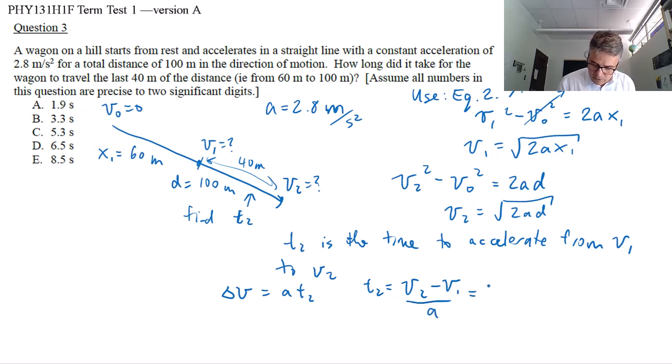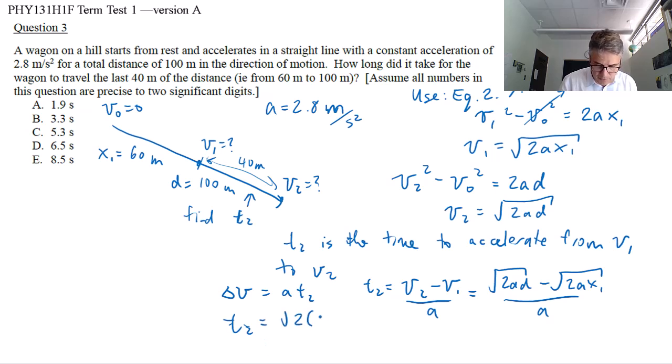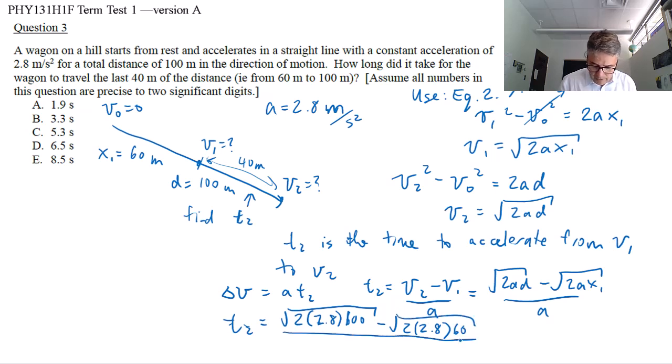So t2 is equal to the square root of 2 times 2.8 times 100 meters, minus the square root of 2 times 2.8 times 60 meters, all divided by 2.8.